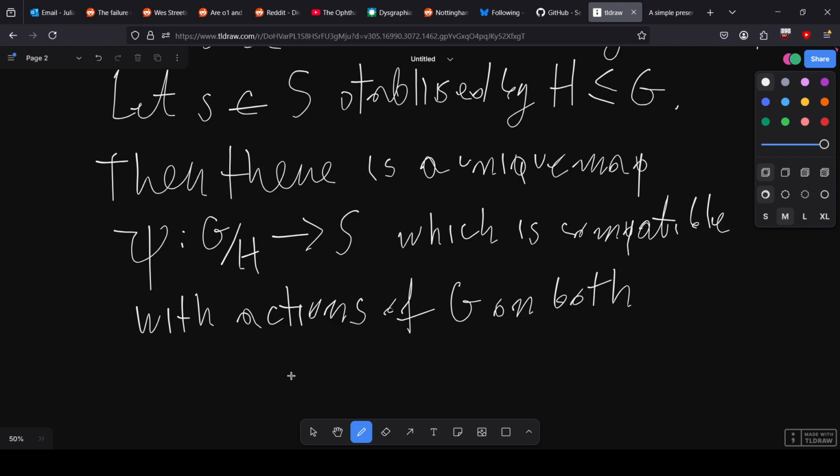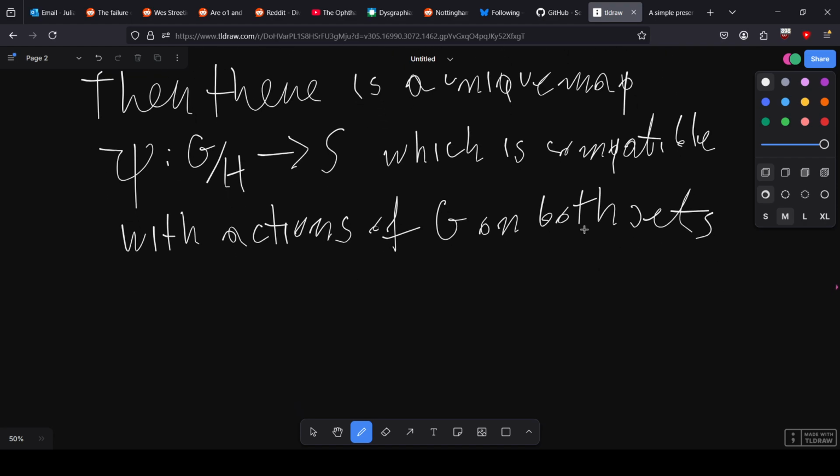In this case, we mean the action of left multiplying on cosets and left multiplying elements in S by G. And we also require that it sends the coset 1H, generally just denoted H, to s.